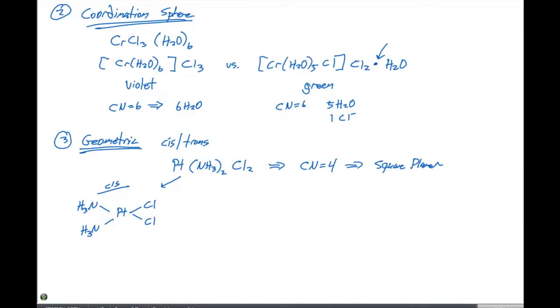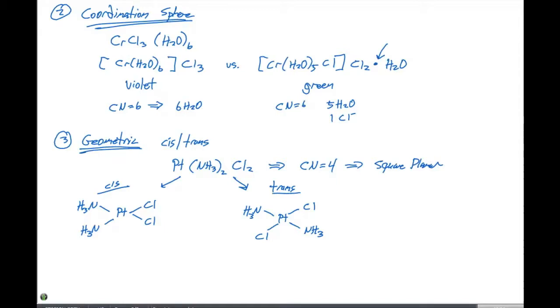So this is our cis isomer. The trans isomer is going to be platinum in the center, and the NH3s are going to occupy opposite vertices. Same thing with the chlorides.